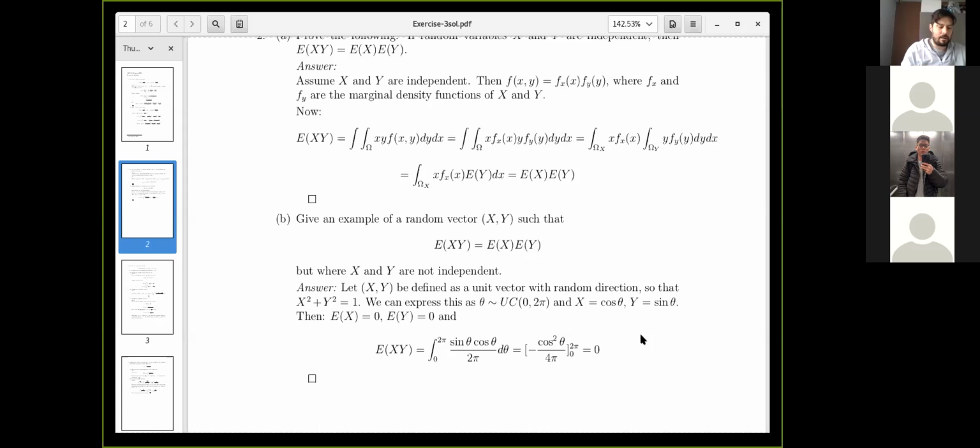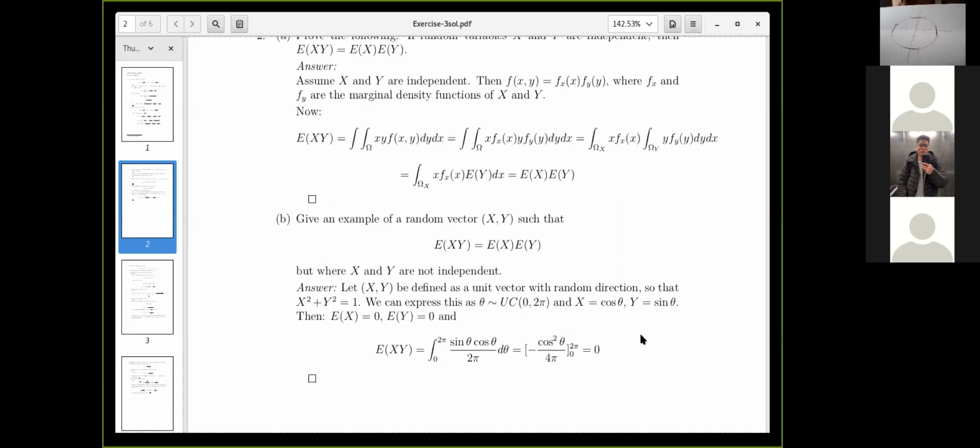So I have the unit circle, and let me just give an example here.